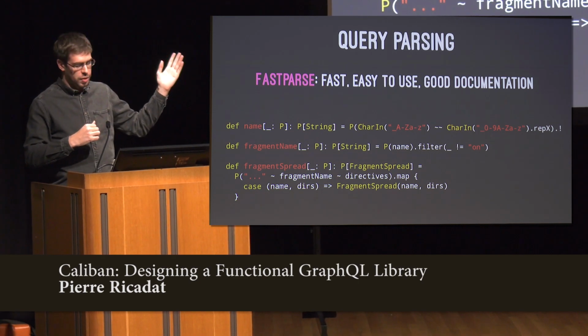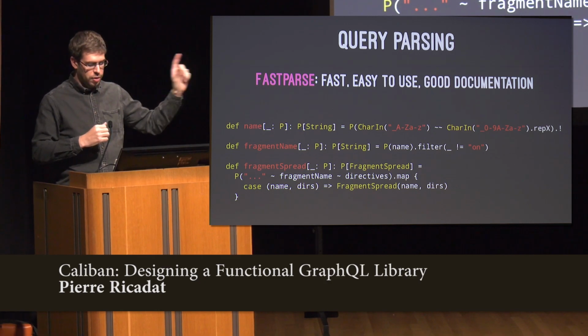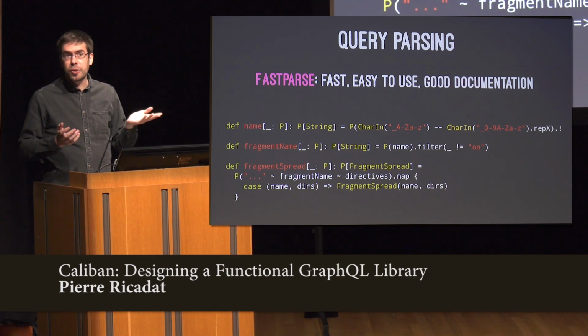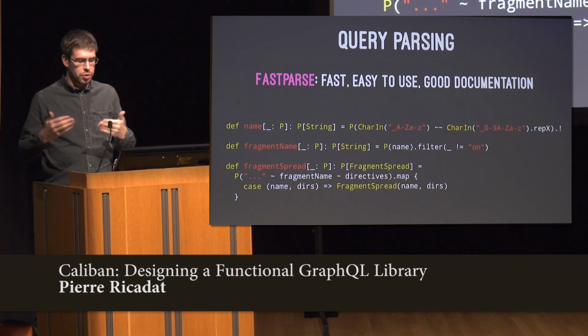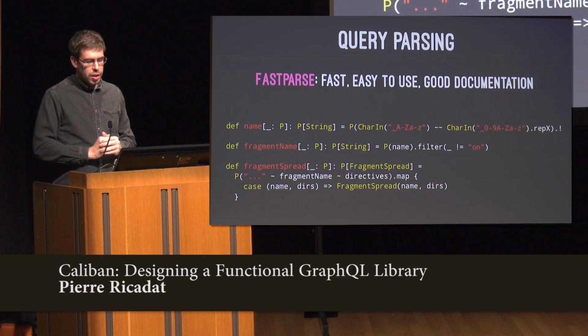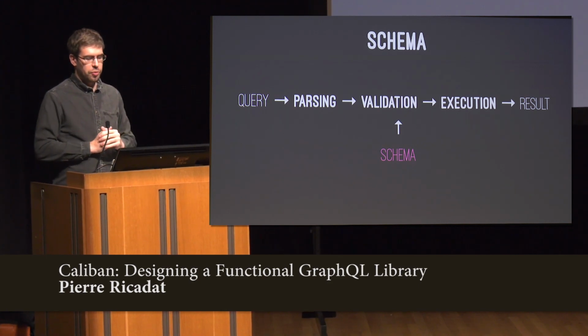A fragment name, for example, is any name that is not, expressed with a filter, the word on. So the code looks actually very similar to the spec, which is pretty good because you don't need to juggle when you go from one to the other. So the parsing is simply done with FastParse.